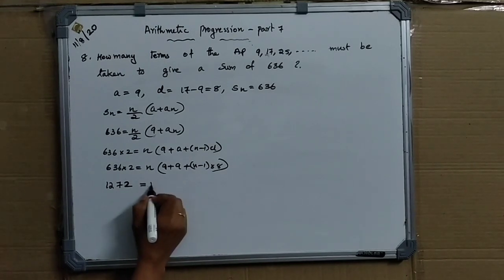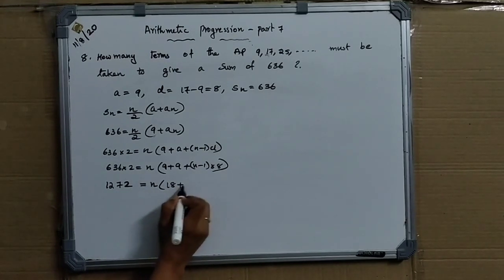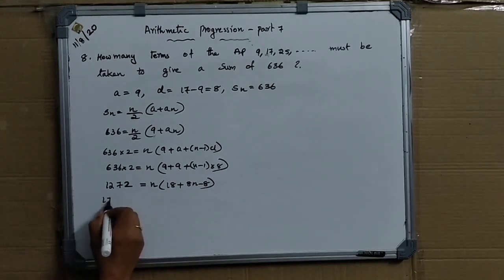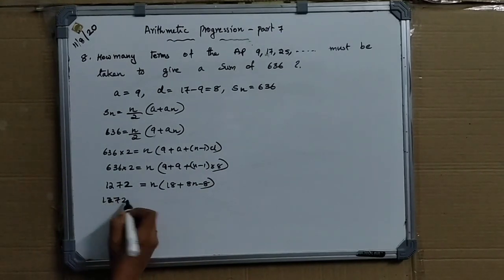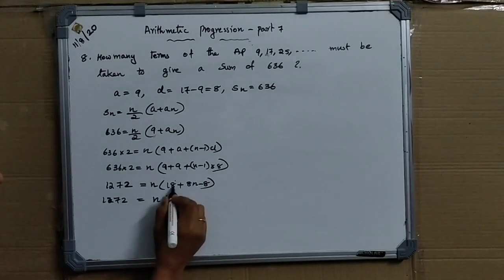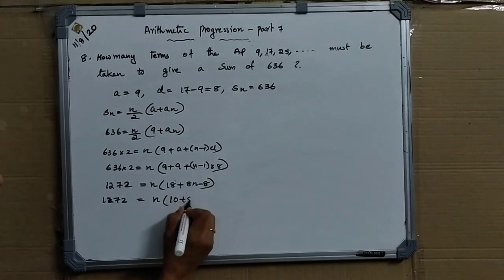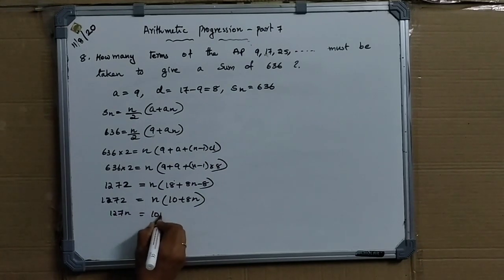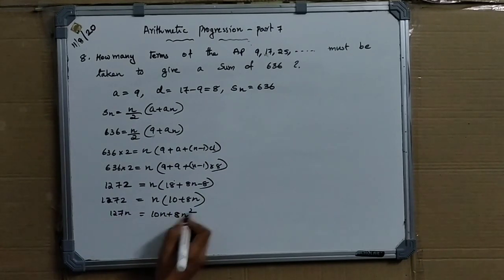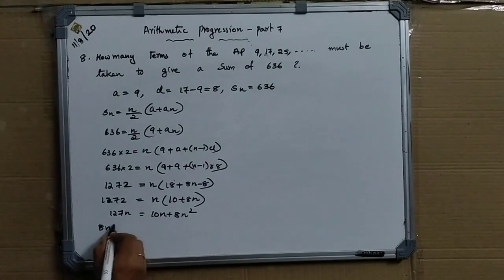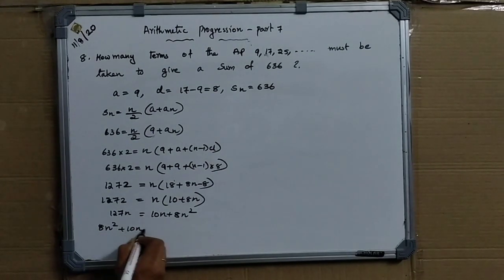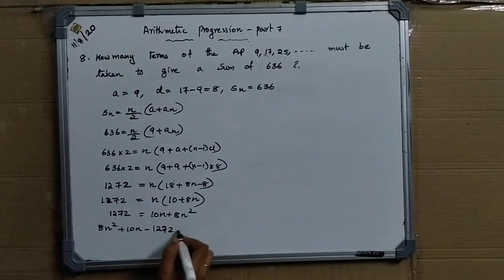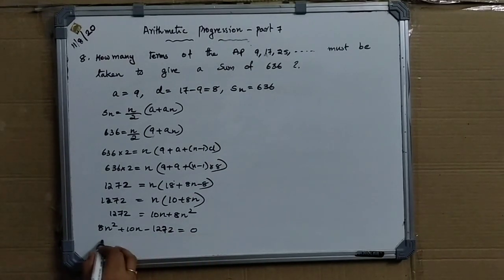1272 equals n into (18 plus 8n minus 8). 1272 equals n into (18 minus 8, it is 10, plus 8n). Now 1272 equals 10n plus 8n square. So you get 8n square plus 10n minus 1272 equals 0.